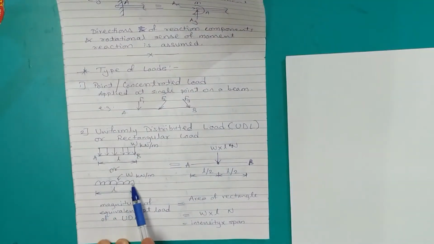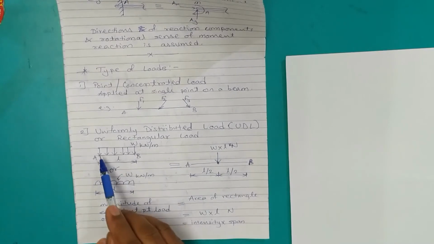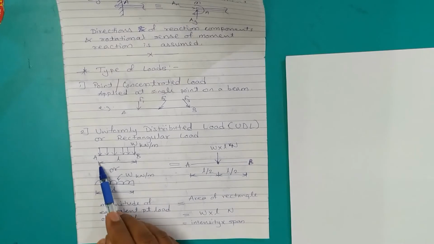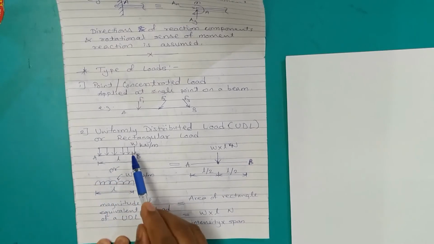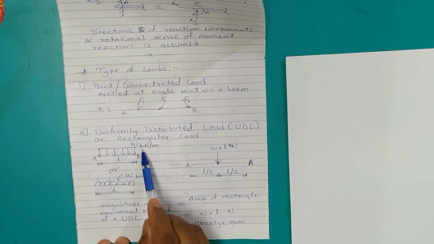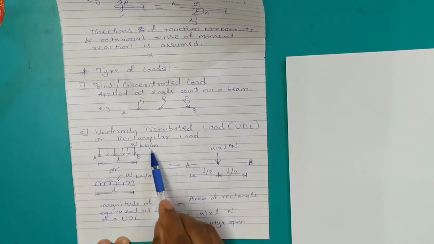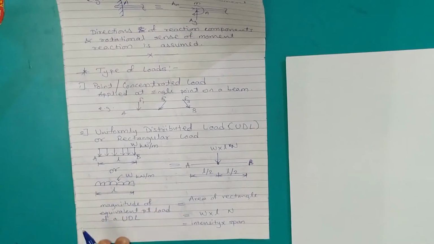This symbol also represents a uniformly distributed load only. Let's say a uniformly distributed load has a span of L and it has intensity W. Remember, intensity is always mentioned in kilonewton per meter. That means how much magnitude of the force is distributed per meter length of the given span.